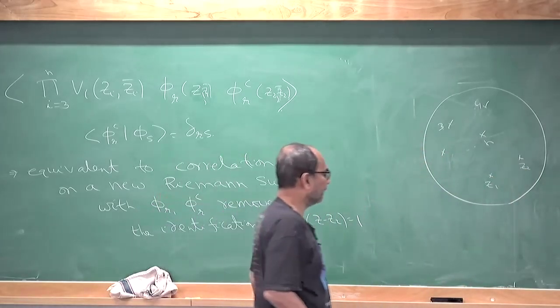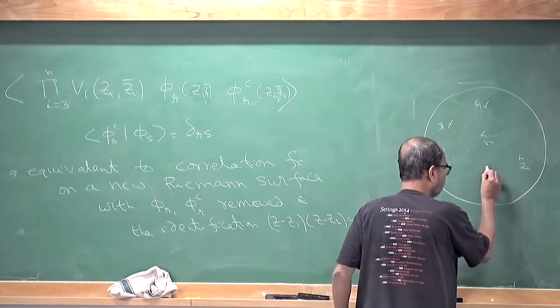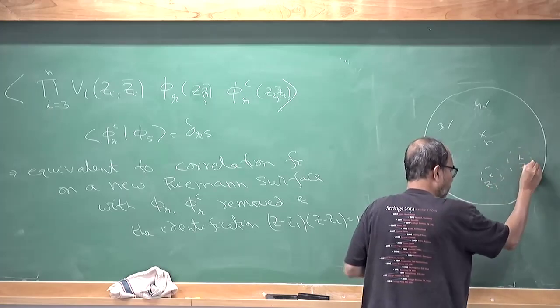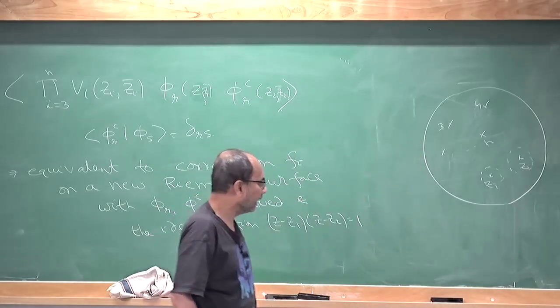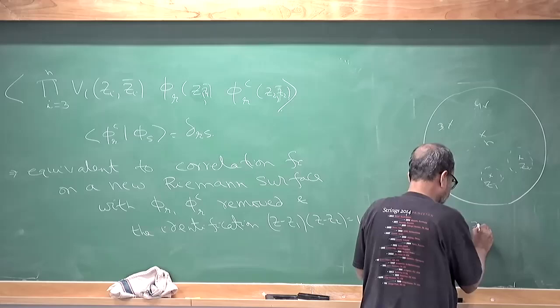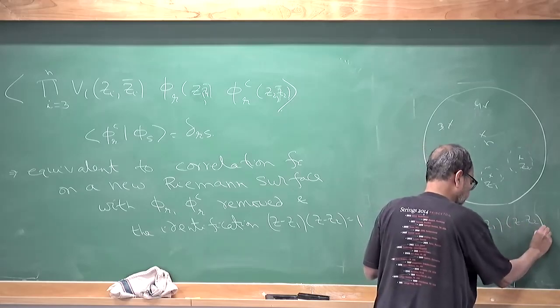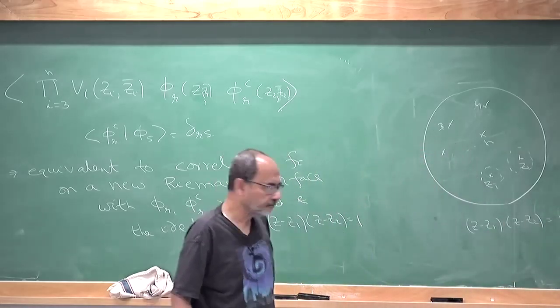And then the idea is that this sum is equivalent to cutting out unit circles around Z1 and Z2, and making the identification that (z minus z1) times (z minus z2) equals 1.